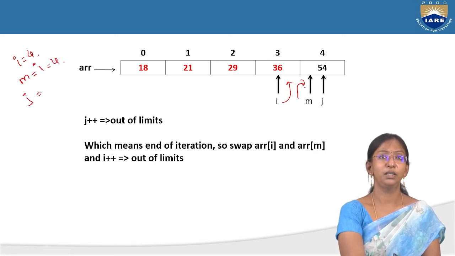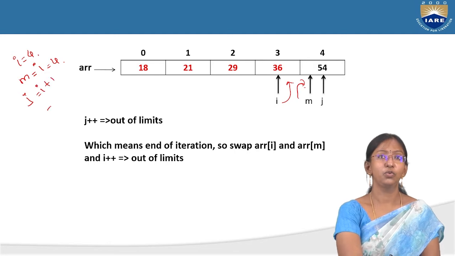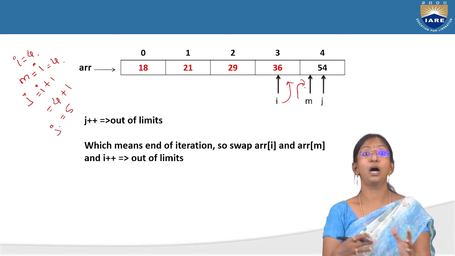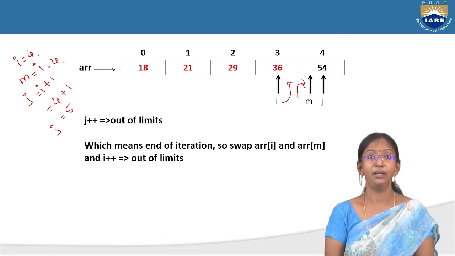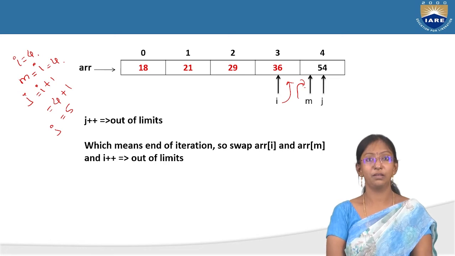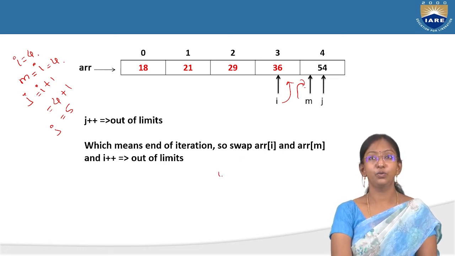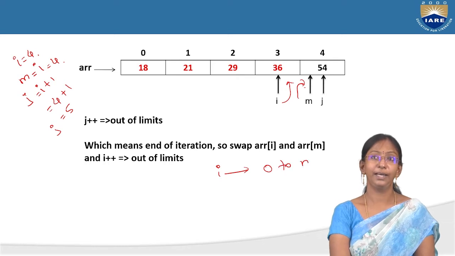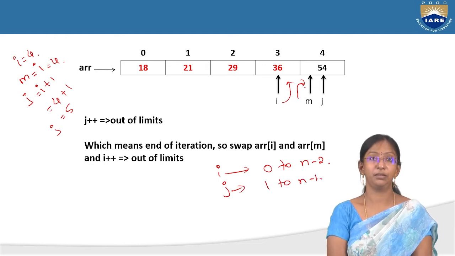J must be incremented, right? As I's value is 4, plus 1, which is 5, J must point to 5, which goes out of index. So this itself says that I is going to run from 0 to n minus 2, whereas J is going to run from 1 to n minus 1. These are the limits.